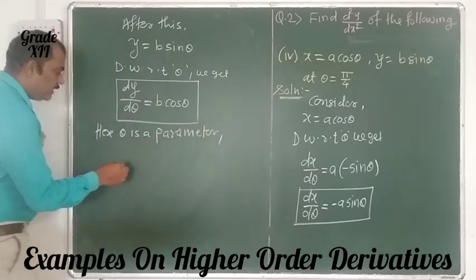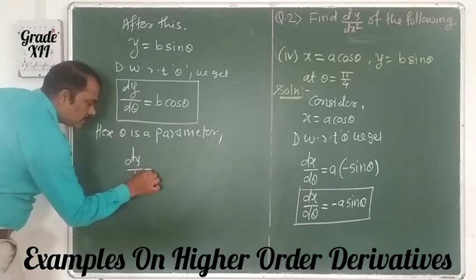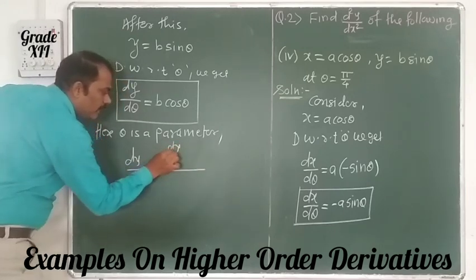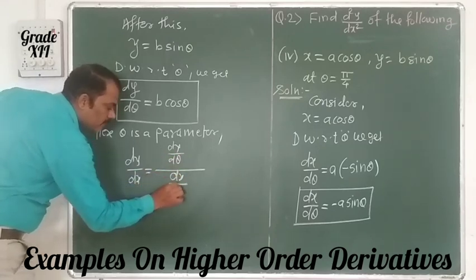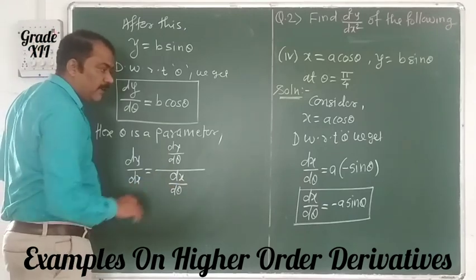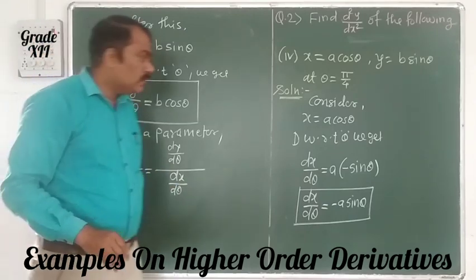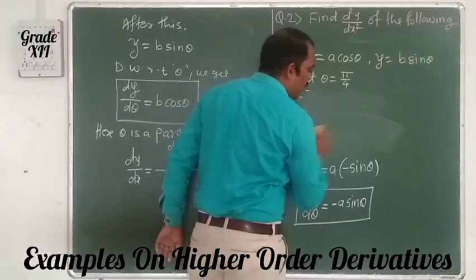So that we can write dy by dx is equal to dy by d theta divided by dx by d theta, with the condition that the value of dx by d theta is not equal to 0. So that we have to substitute the corresponding values.